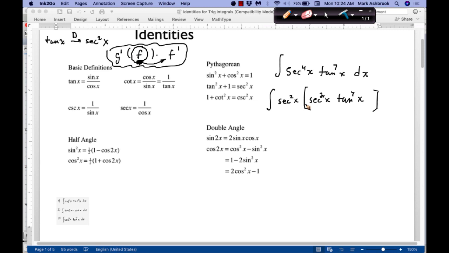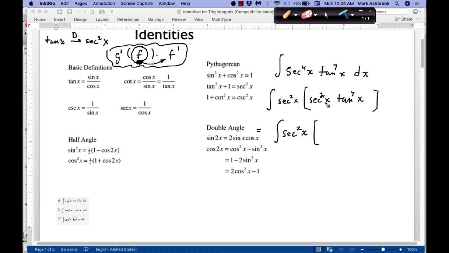We got 7 tangents already, but I got the secant squared, and if I can make that into tangents, that's good, because then my derivative of tangent is this secant squared out here for undoing the chain rule. Are you following me? Does it make sense? So I need to rewrite everything inside the brackets as tangent. Can I do it?